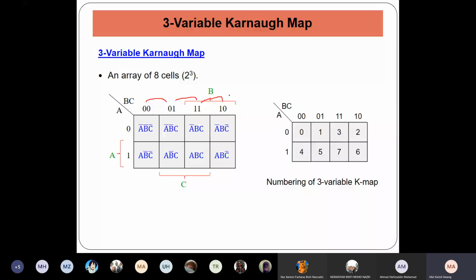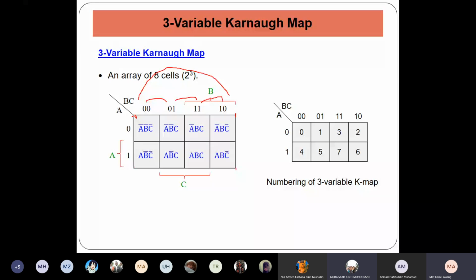And from here to here, only one can change, which is B, changed from 1 to 0. So basically this corner is actually connected to this corner. This corner is connected to this corner. Okay? Clear?